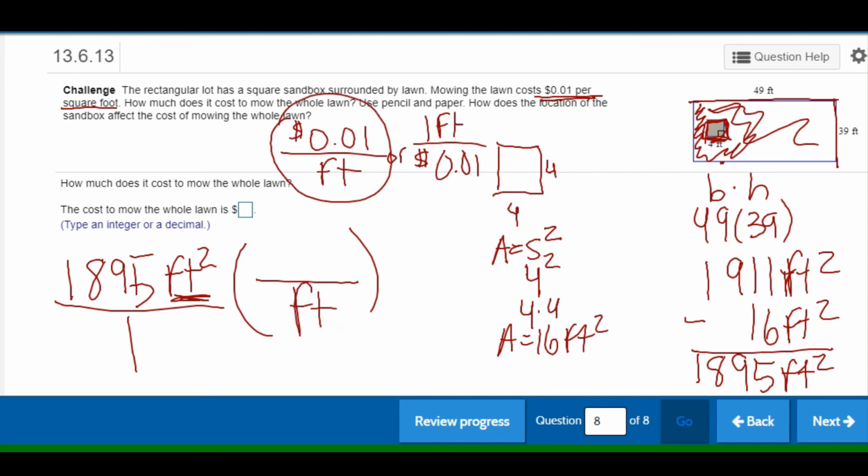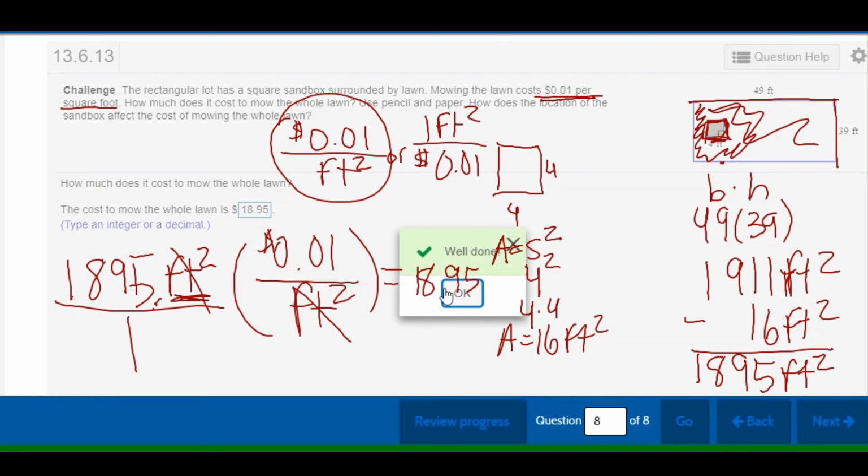And this tells me that I need to multiply the square feet by 1 cent, and then I end up with $18.95. So that's how much it's going to cost to mow this lawn. So you have to find the area, and then you have to convert that to the cost. And that's how you answer this question.